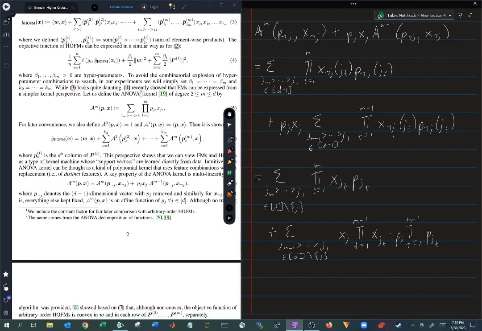So basically, because we put the pj and the xj out front already, now we're just bringing them inside. And we're again reindexing in such a way that instead of going up to d minus 1, we go all the way up to d, but we make sure that we're not including j.